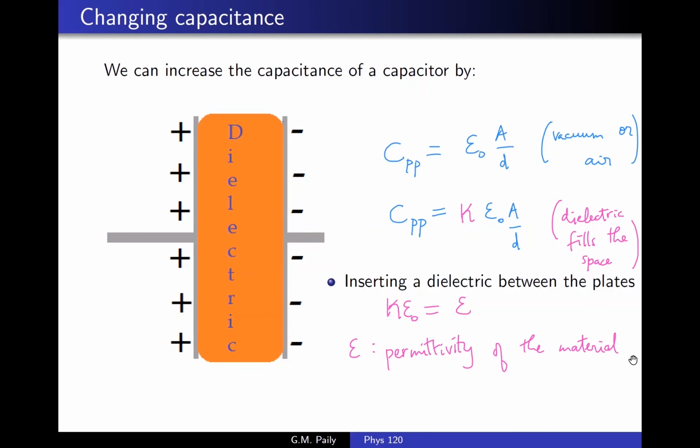And epsilon has the name, the permittivity of the material. In fact, now this allows us to see why epsilon naught has the name permittivity of free space. This is the permittivity you get when there is nothing but vacuum or free space between the plates. It's the OG epsilon, if you will.